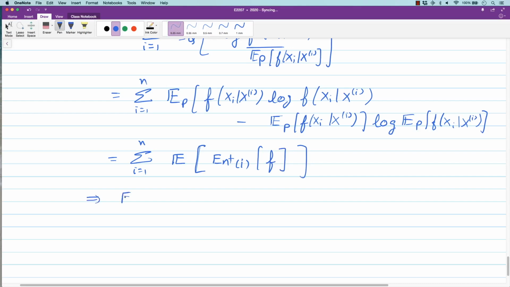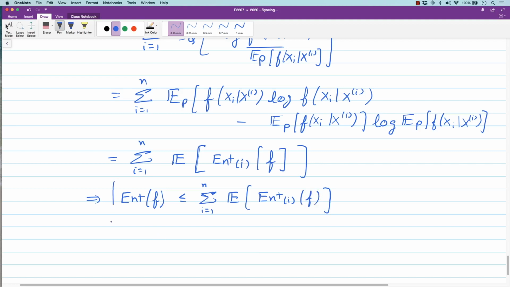We have shown that the entropy of f is less than or equal to the summation i equal to 1 to n of the expected value of the entropy given everything but the ith coordinate of f.